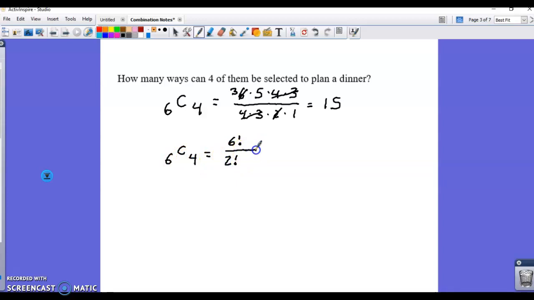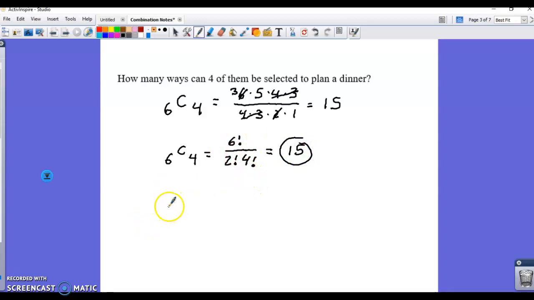That would be the permutation part. Well, now, since it's a combination, we also want to get rid of all of the repeated groups, which is 4, 3, 2, 1, which is just 4 factorial. That would be still 15, but if you're going to write it with factorials, that's the way you do it.